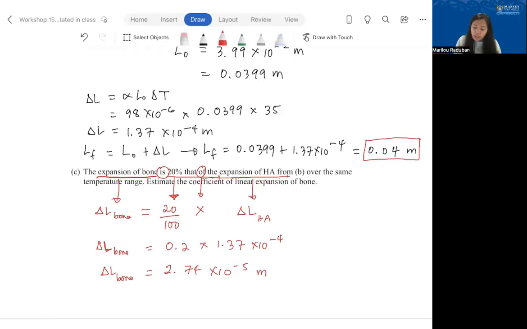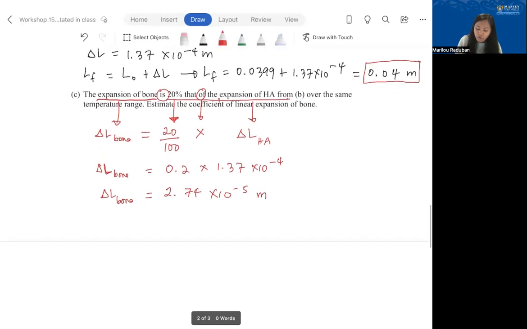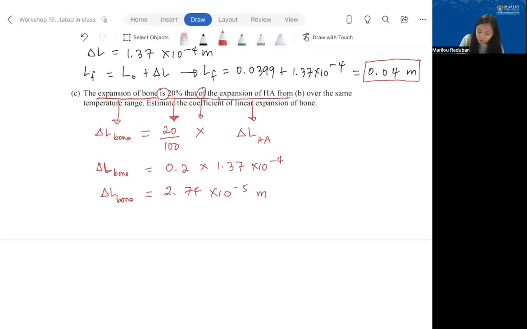Once you know the expansion of the bone, delta L, we can now solve for the coefficient of linear expansion of the bone. The question finally asks for the coefficient of linear expansion, meaning we need to find alpha for the bone.